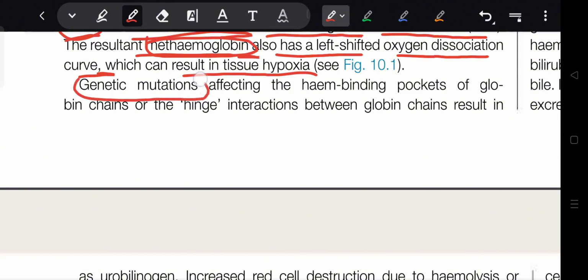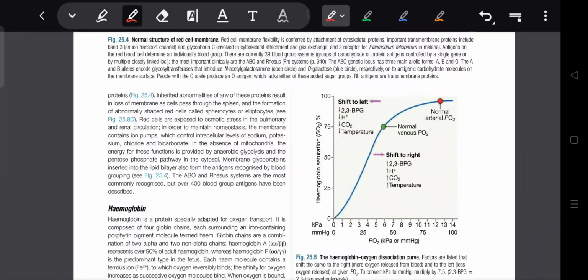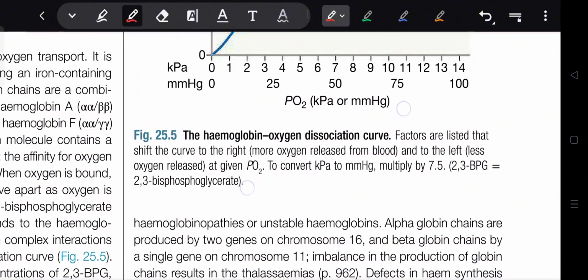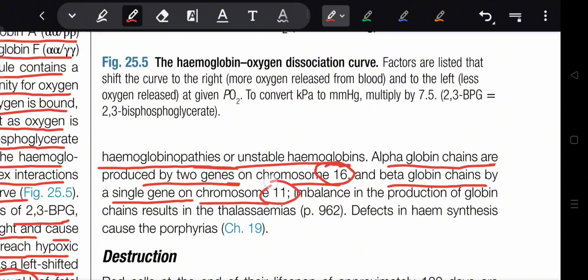Genetic mutations in the heme binding pocket of globin chains or the interaction between globin chains result in hemoglobinopathies or unstable hemoglobins. Alpha globin chains are produced by 2 genes on chromosome 16, and beta globin by a single gene on chromosome 11. Imbalance in the production of globin chains results in thalassemia, and defects in heme synthesis cause porphyrias.